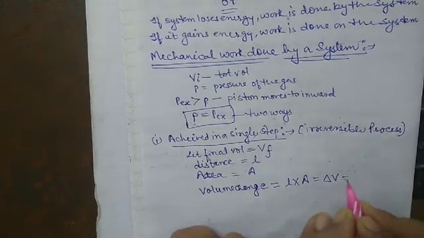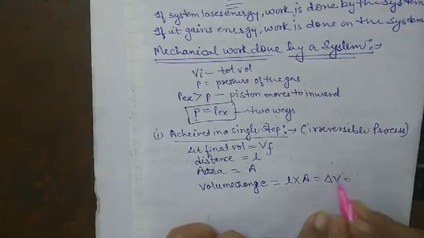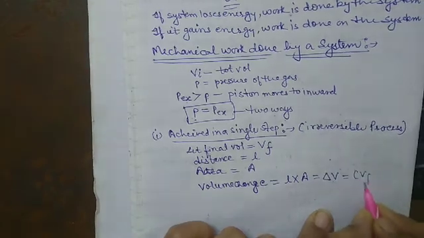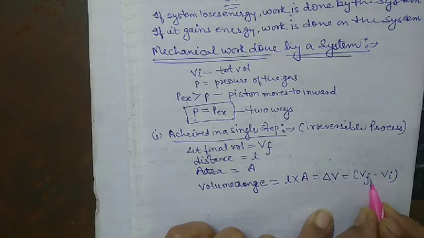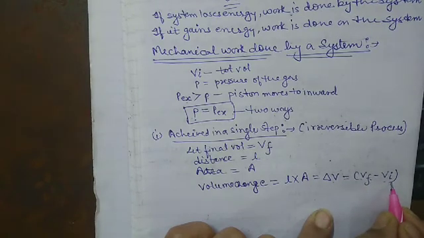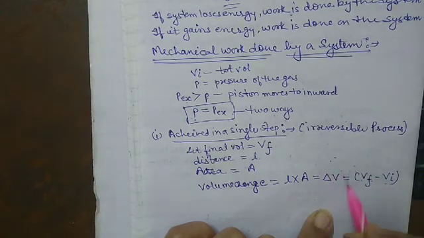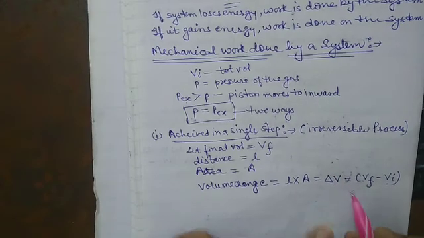And what is the meaning of delta V? That is the change, meaning final volume minus initial volume. Vf is the final volume, Vi is the initial volume, and that is the change in the volume.